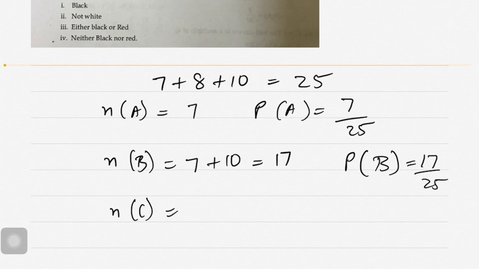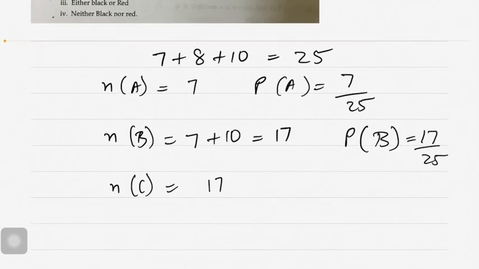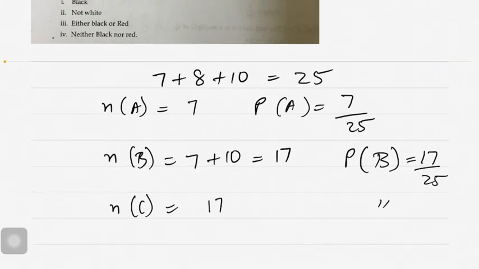So again it would be 17, 7 plus 10. So black are 7 balls, and red means 10 balls. So 7 plus 10, 17 balls. So again N of C is 17. Probability will be 17 by 25, same as above.